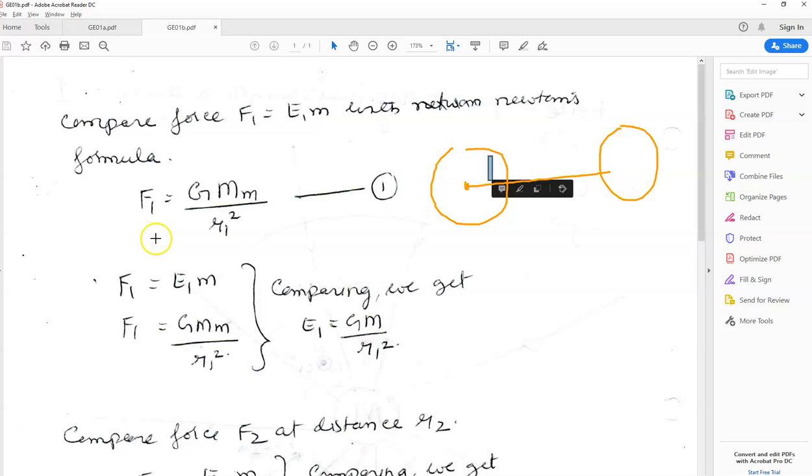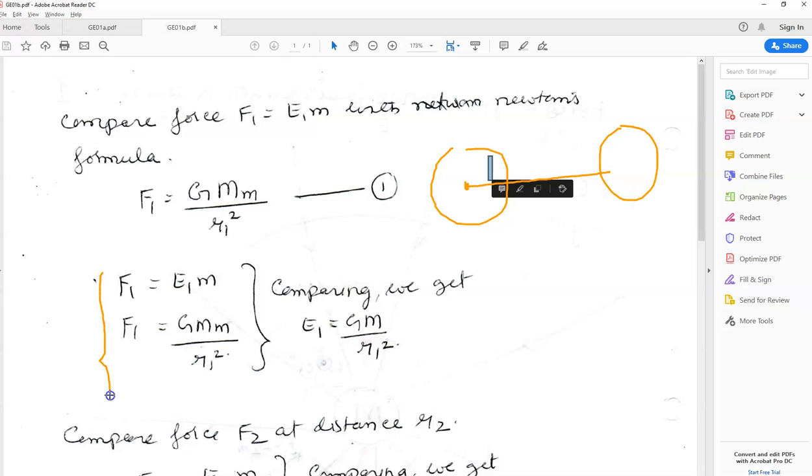Now if I apply this formula for the mass m when it is at distance r1, we get F1 is equal to GMm divided by r1 squared.